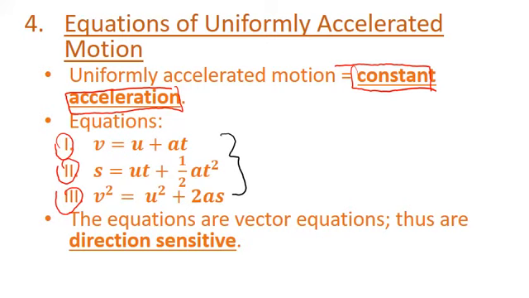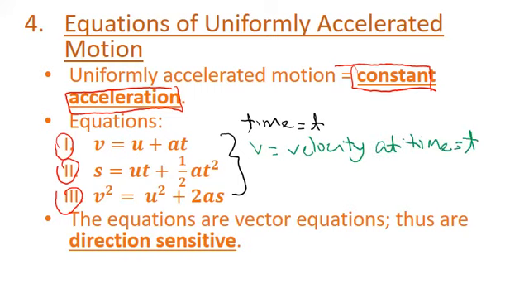So basically, t measures time, v is the velocity of the object at time t, u will be the velocity at time 0, which means u is the initial velocity of the object. a is the acceleration.